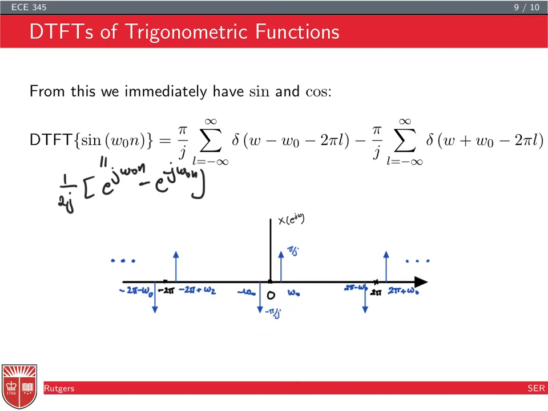But if X of e^(j omega) is complex, meaning it has a non-zero imaginary part, then we usually have to have two drawings, one for the amplitude of X of e^(j omega), and one for the angle, if you want to call it theta of e^(j omega).